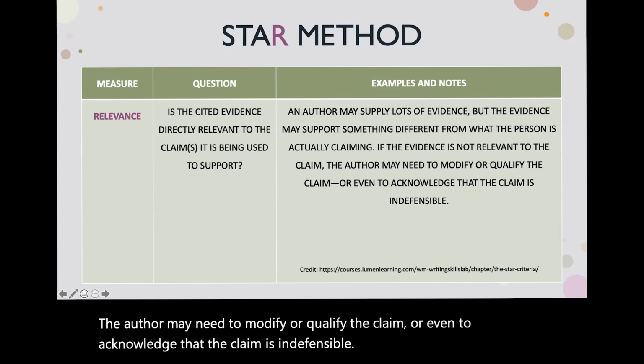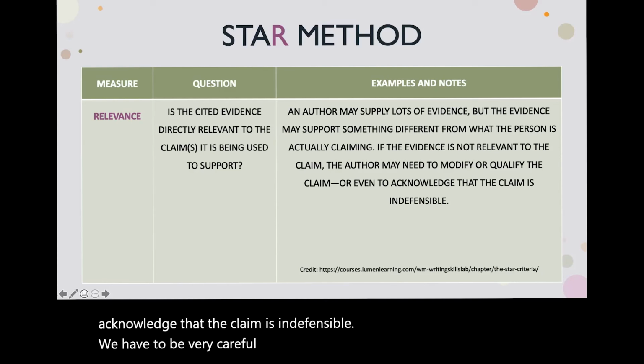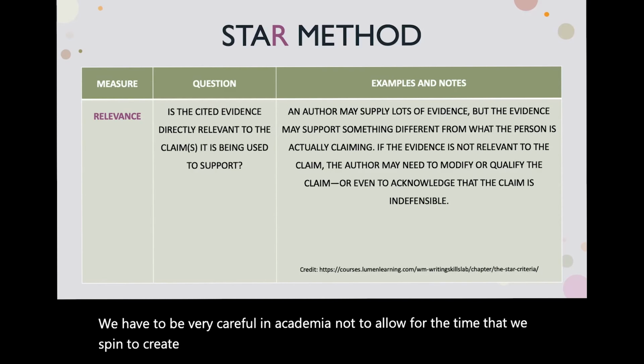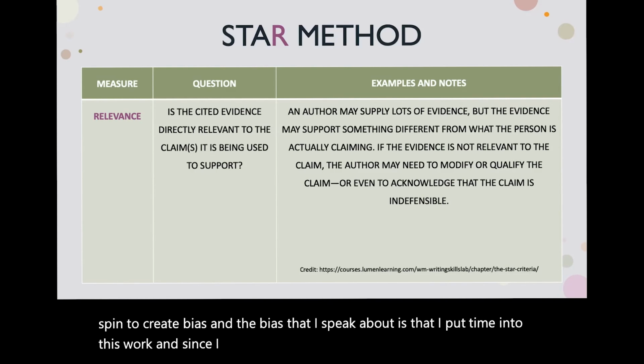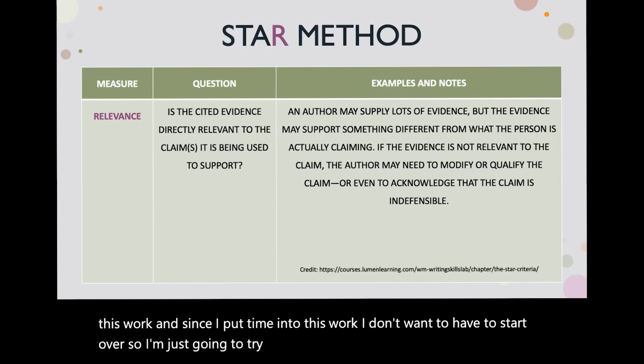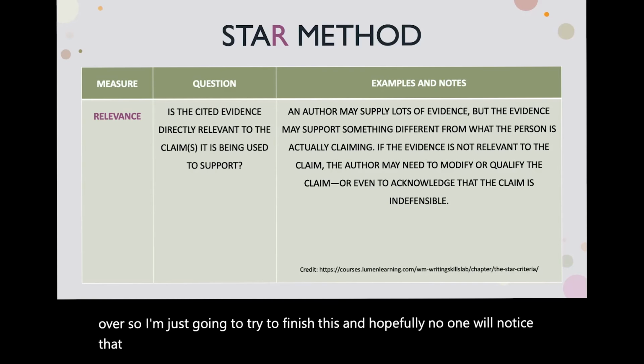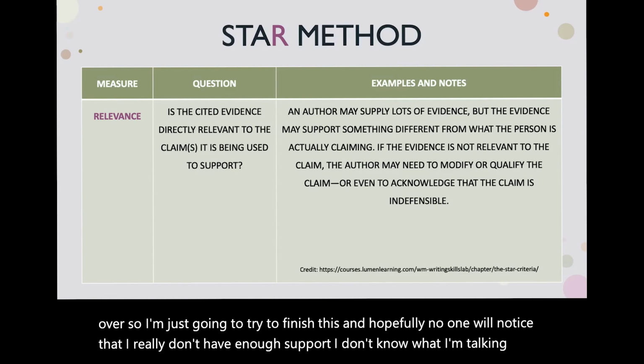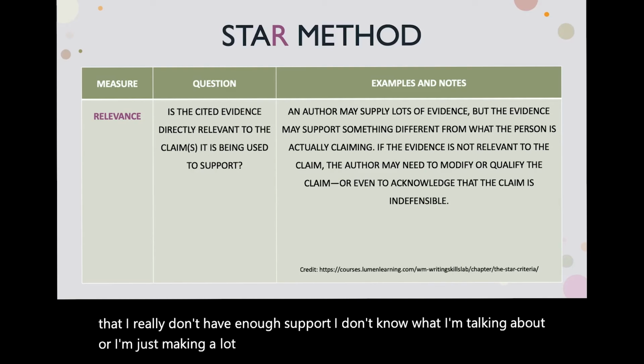We have to be very careful in academia not to allow the time that we spend to create bias. The bias that I speak about is: I put time into this work, and since I put time into this work, I don't want to have to start over. So I'm just going to try to finish this, and hopefully no one will notice that I really don't have enough support, I don't know what I'm talking about, or I'm just making a lot of wild, irrelevant claims just to fill up the page.